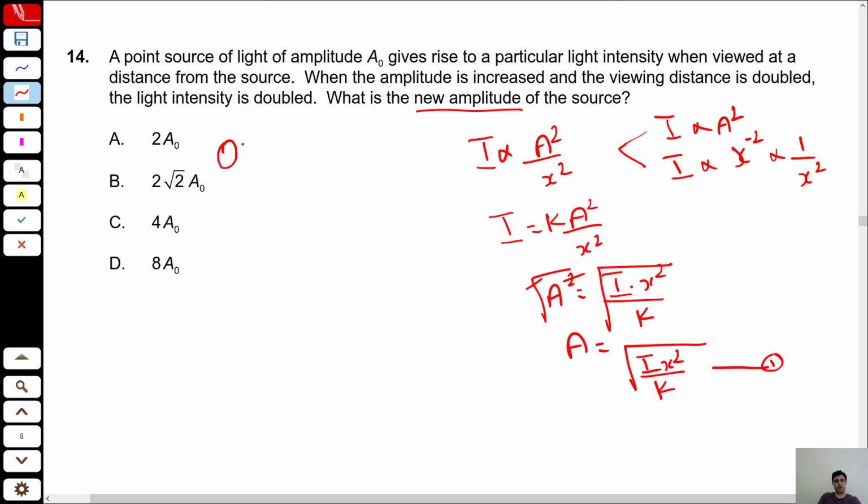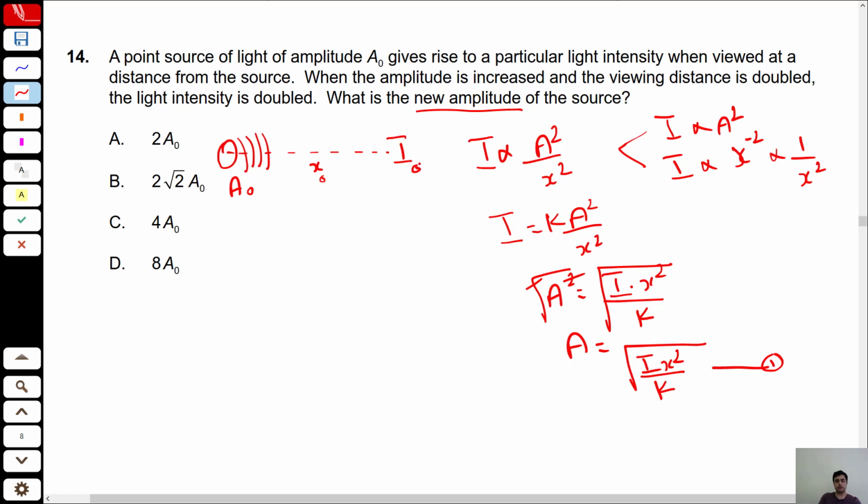So the situation here is we have a light source that is producing some light, and it has an amplitude of A0. It gives rise to a particular light intensity when viewed at a distance from the source, call it x0, with 0 for initial.